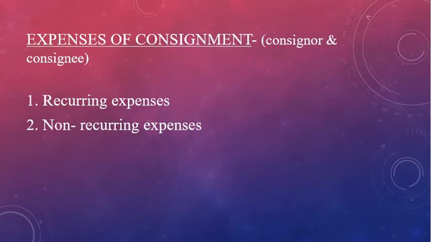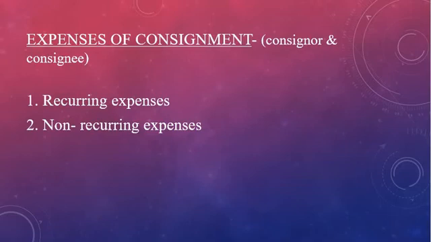Expenses of consignment are borne by both the consigner as well as the consignee. Any expenses made on consignment are borne by the owner itself, by the consigner itself. But it can happen that the consignee is also making some amount of expenses, which he will get refunded by the consigner when he sends the account sales.